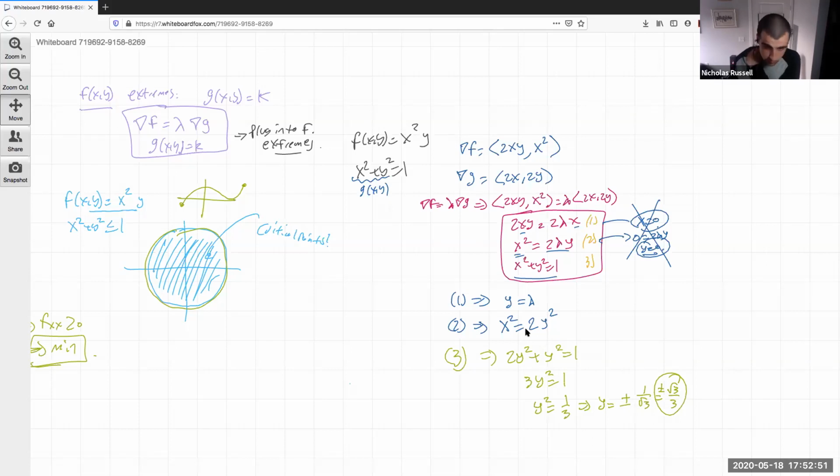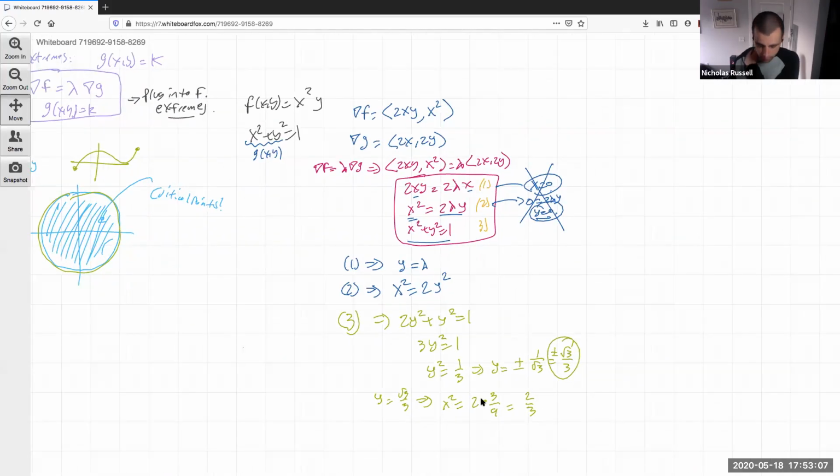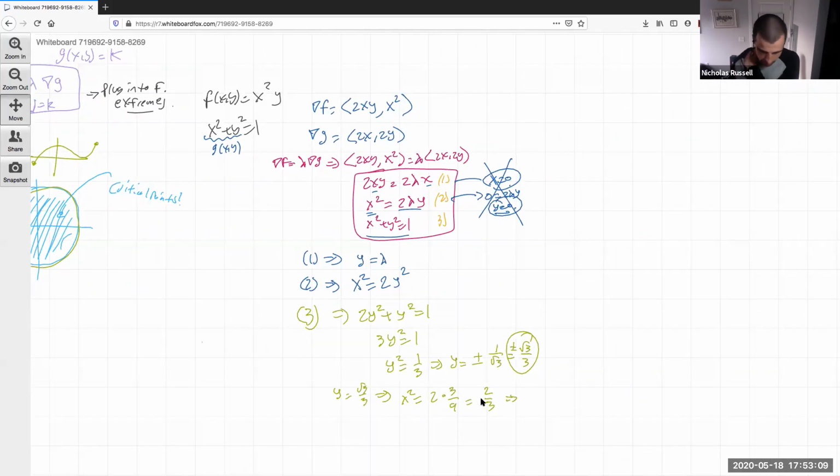So take, for instance, y is equal to the square root of 3 over 3. That will imply that x squared is equal to 2 times 3 over 9, or just 2/3. Right? I have to square it. And so this implies that x is equal to plus or minus the square root of 2/3.